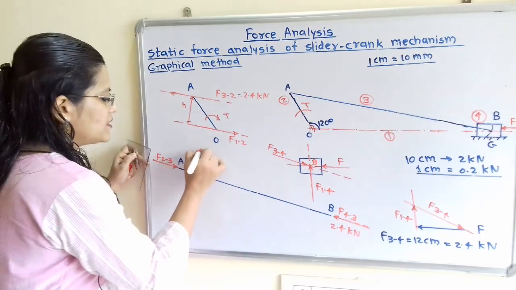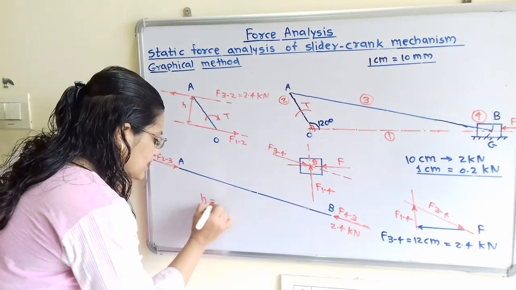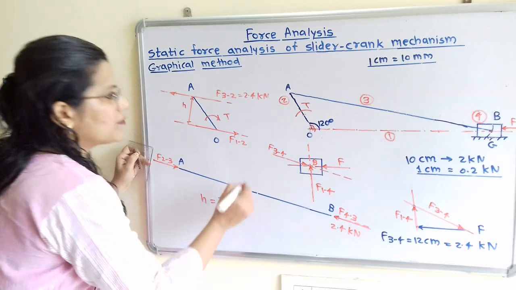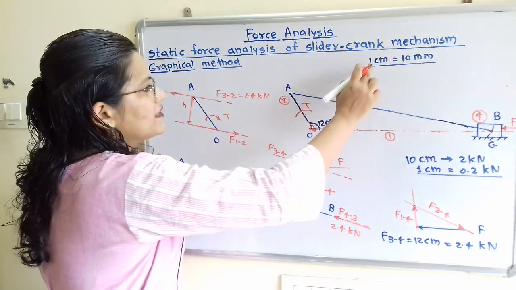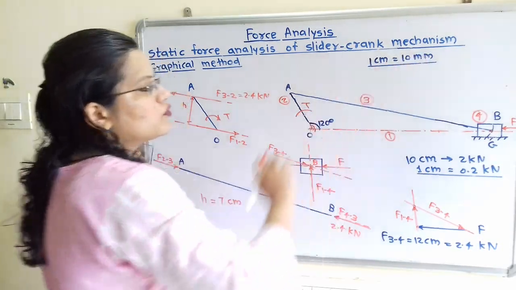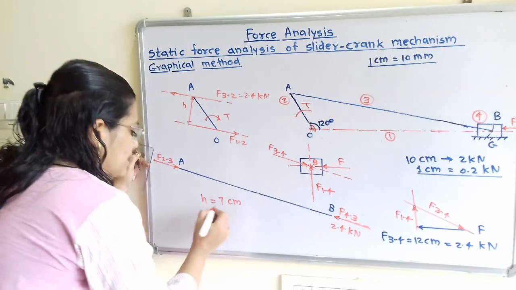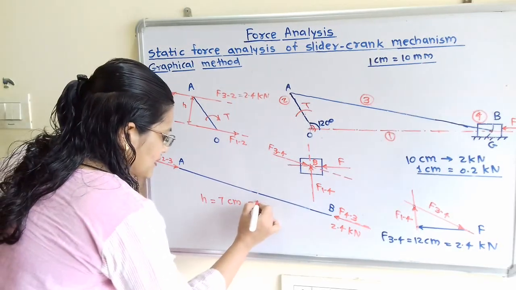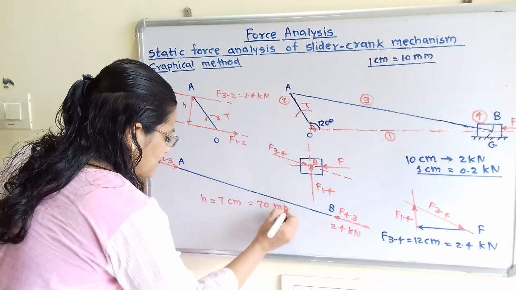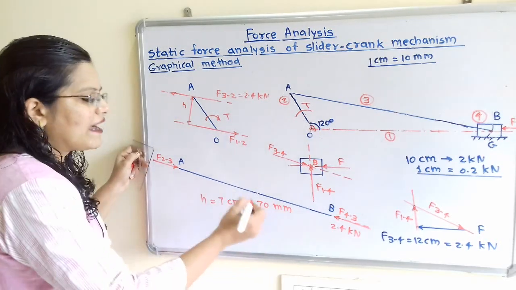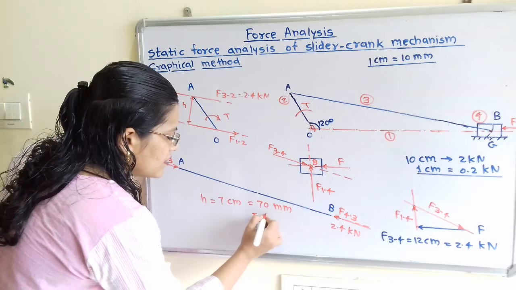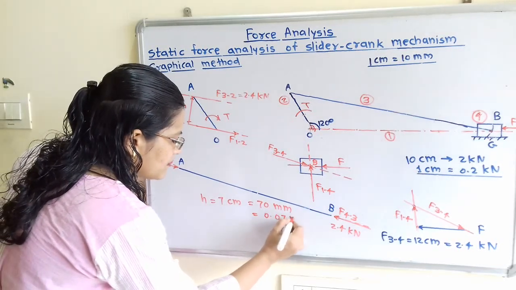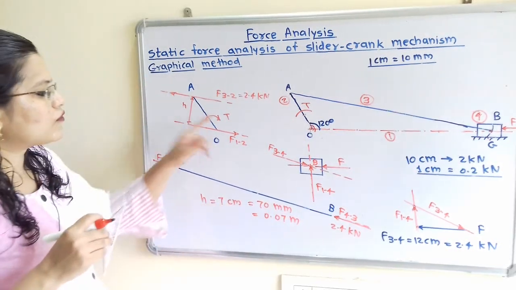According to this scale, 1 centimeter is equal to 10 millimeters, so 7 centimeters is equal to 7 multiplied by 10, that is 70 millimeters. And this millimeter we have to convert into meter, 0.07 meter.